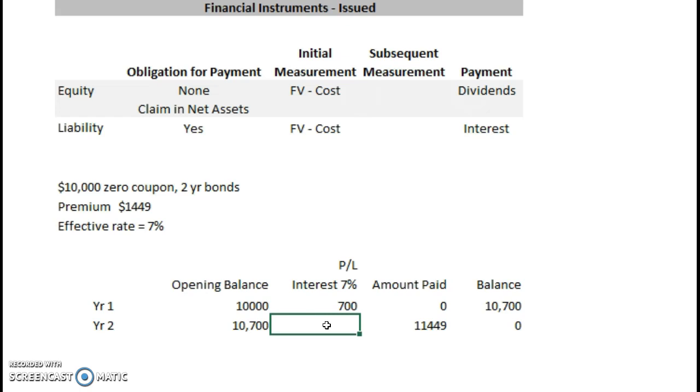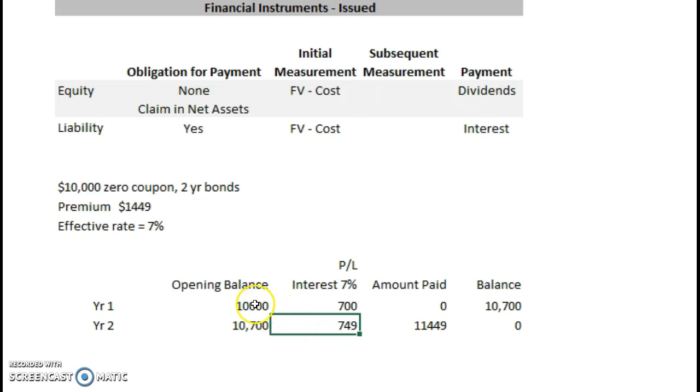and then we have another year's worth of interest on that, again at 7%. So this is 0.07 times 10,700, which is the opening balance. So that is slightly more than the first year because it's compounding.